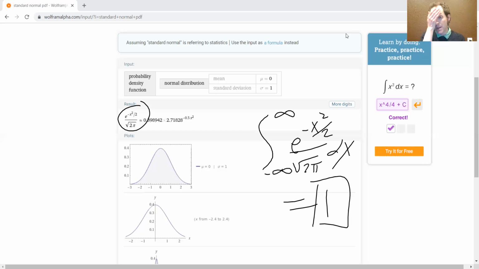Now you can imagine there are other functions that you might be able to use as probability distribution functions. Maybe they're not all normally distributed. Most things in nature follow something similar to a normal distribution, but maybe there's something that's not. Then you can use another distribution function as long as the integration underneath the curve is a total of 1 as you integrate from negative infinity to infinity.